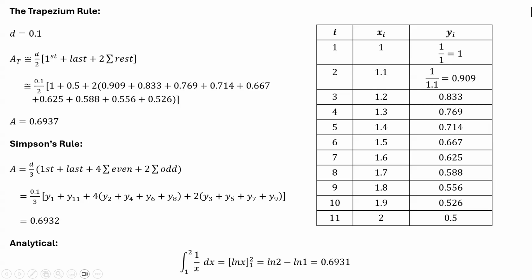So we put all the values and we found our result, which is 0.6931, which is quite close to the Simpson rule answer, which is 0.6932. So you guys can say that Simpson rule is quite similar to our analytical value.